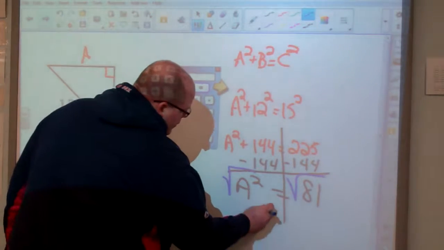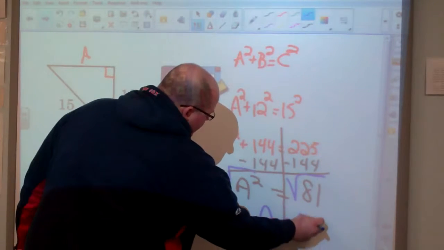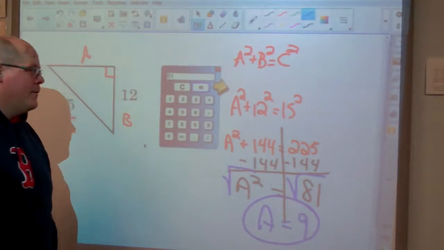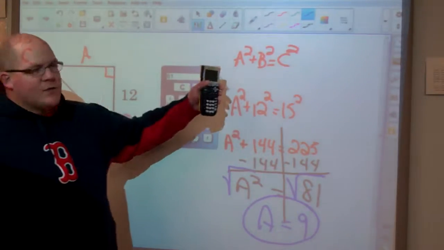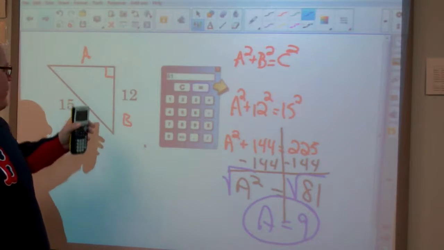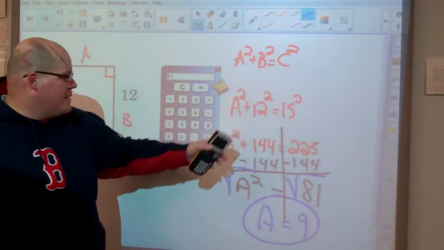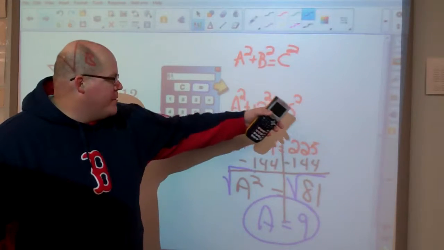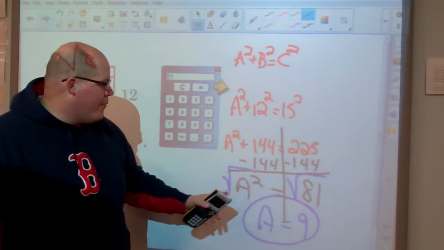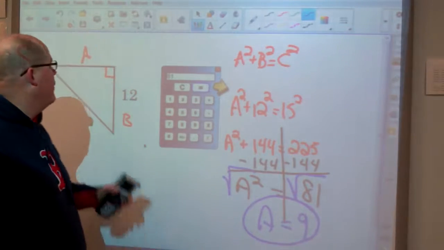So here, a equals 9. Again, we're using a squared plus b squared equals c squared. I'm going to label my sides, write down what I know, set up my function, find the values of the squares, then use inverse operations to solve for the missing side.